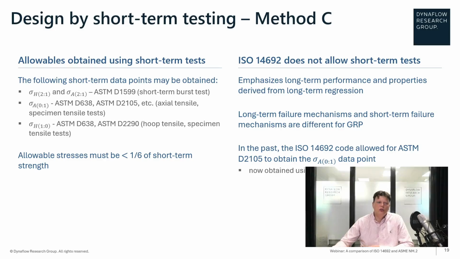And to note, in the past, the ISO 14692 code did allow for the D2105 test, as we see on the left column, same as the ASME NM.2 allows now. But now it's obtained using the 1,000-hour test. So previously there was some short-term testing in the ISO, but not anymore.